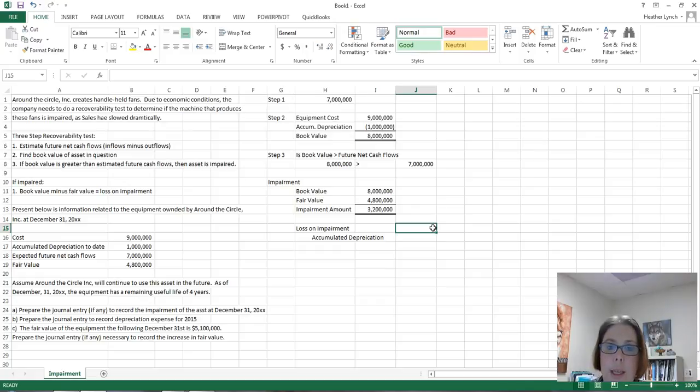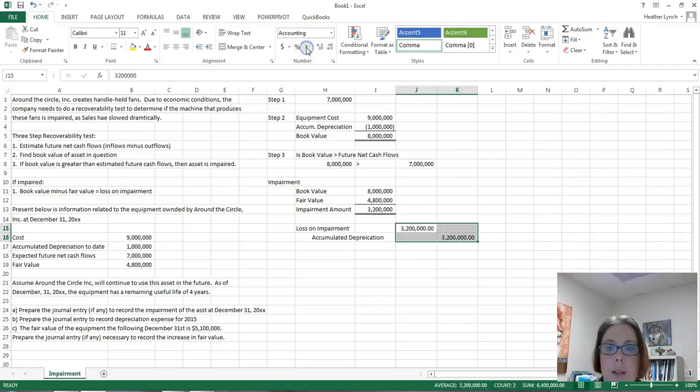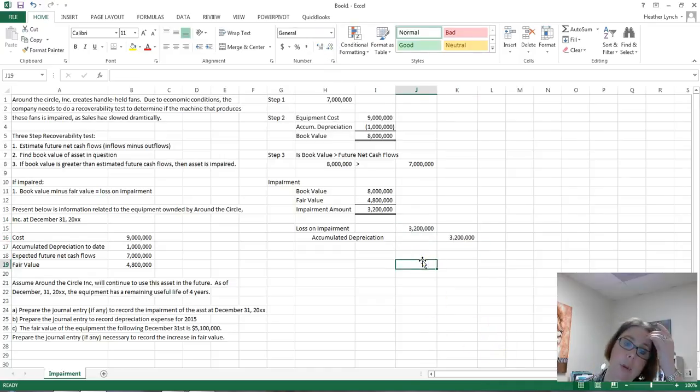What I'm doing is I am bringing down the balance of the accumulated depreciation. I'm taking that accumulated depreciation and I'm bringing it down.